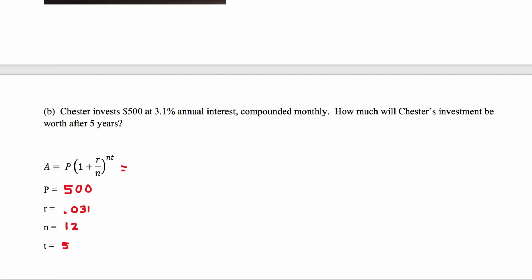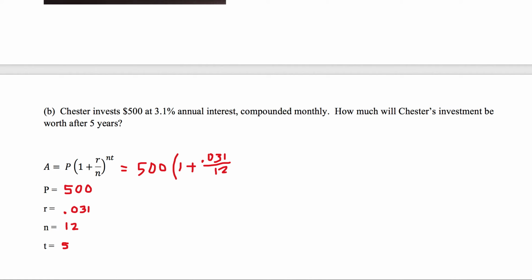So I am going to plug my P in, which is the 500. I'm going to open up that parenthesis, do 1 plus the R value, so 0.031, and we're going to divide by our N, so we'll divide by 12.